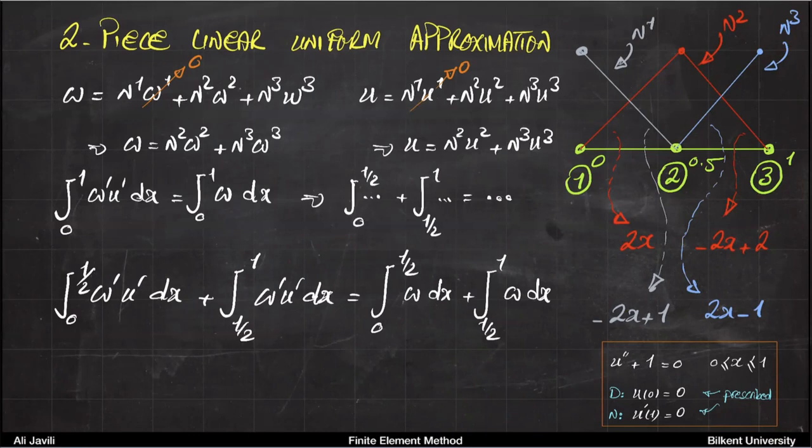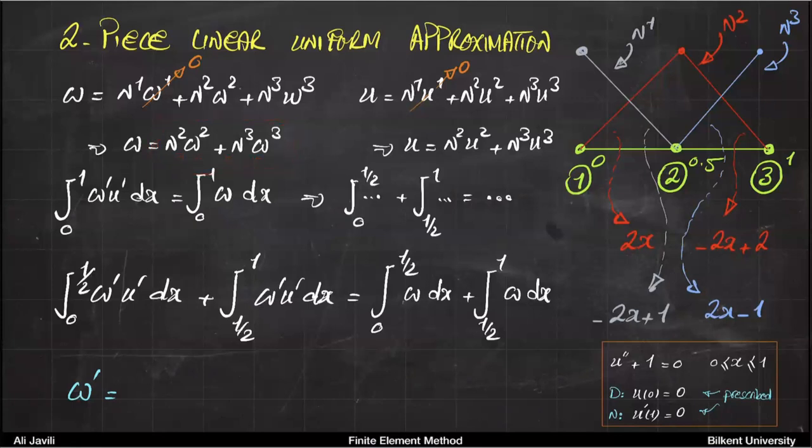So between 0 and 1/2, or let me just do it in a more generic way. You can always think about it this way: w prime, remember w is n2 w2 plus n3 w3.